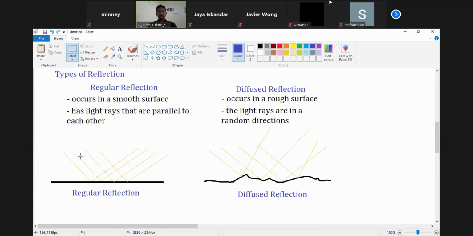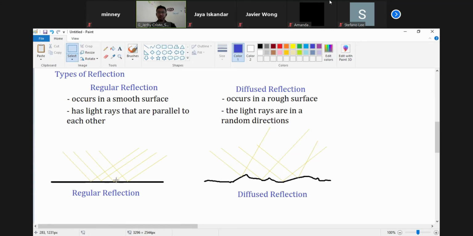So from the source, light rays are parallel, but when it strikes a smooth surface, they are still parallel. So we call that regular reflection. How do you describe the image formed in the surface when the reflection is regular?